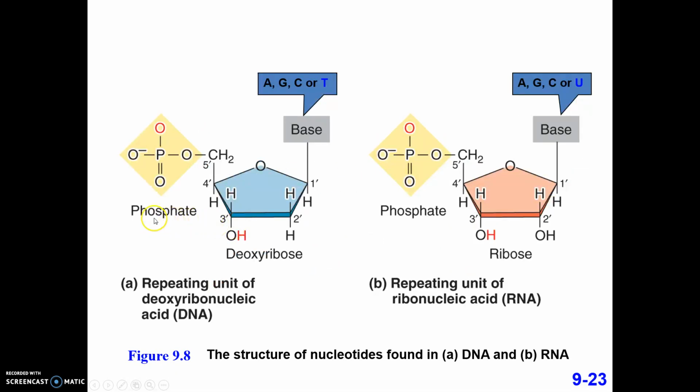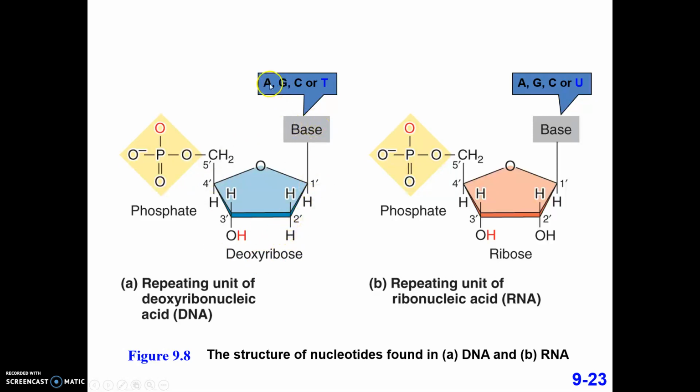All right, putting them all together, here again we have the phosphate group. It's attached to carbon number 5. We have the base attached to carbon number 1, and for deoxyribose, so deoxy, it's missing the oxygen at position 2.